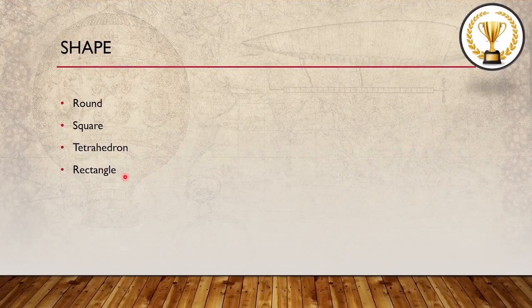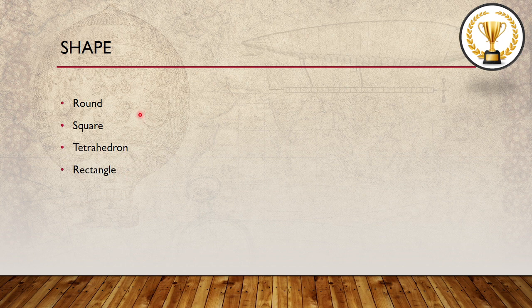Next, shape. Round, square, tetrahedron, rectangle. So these are shapes. These are adjectives that describe a shape. So the description of shape adjectives describes a noun like round table, square table, tetrahedron pyramid, then rectangular box. So likewise you can use these shapes to describe a noun.